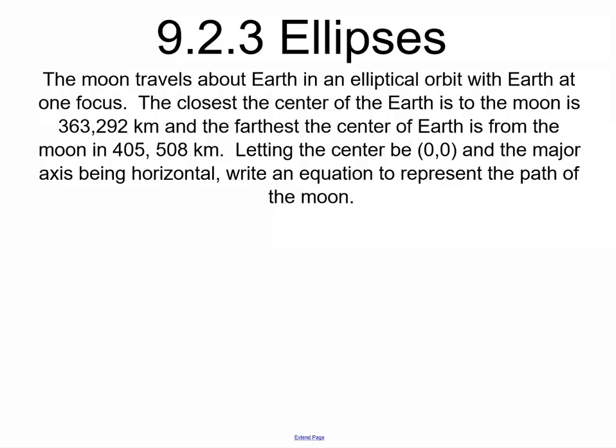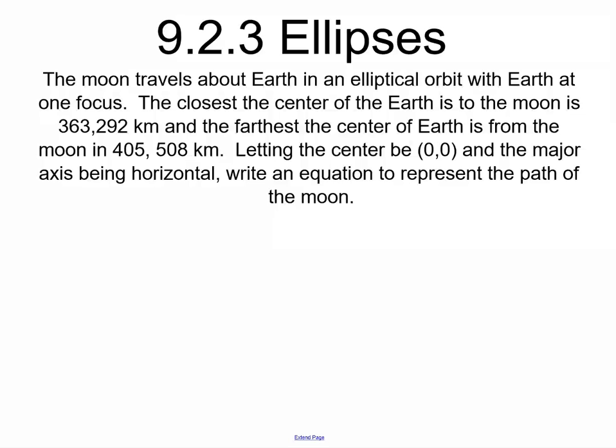Now, one thing that you may not realize, and what is commonly mistaken, is the Earth is actually not the center of the moon's orbit. Likewise, the sun is not the center of the Earth's orbit or any of the other planets.